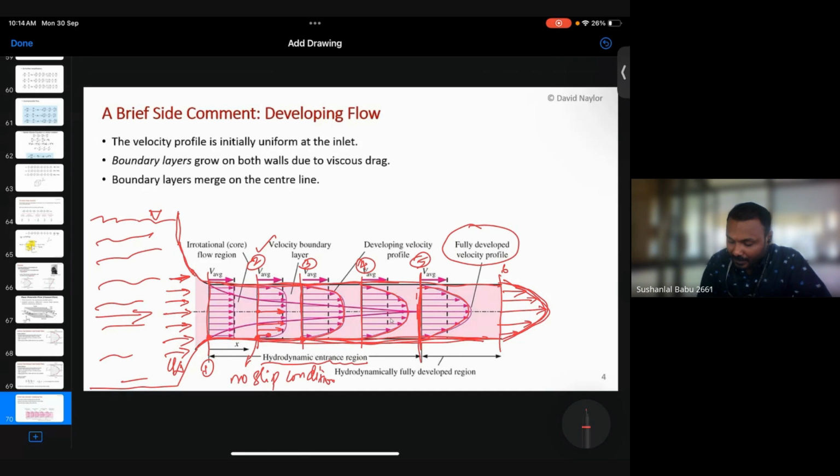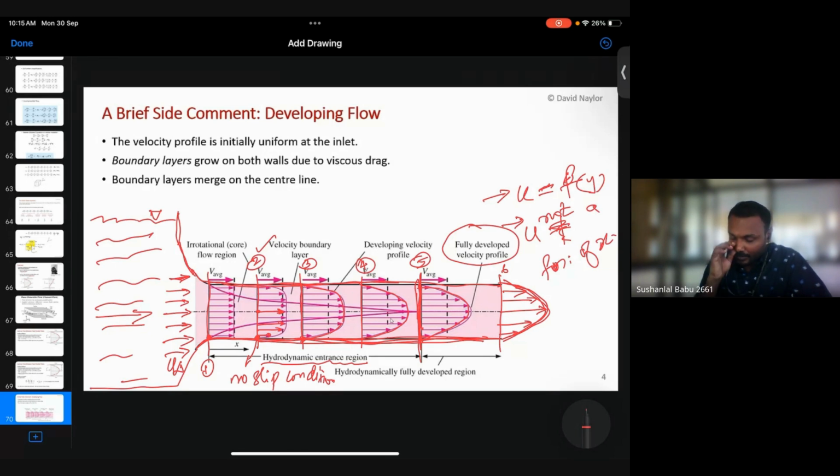And u is a function of y only, not a function of x. That is the thing you have to keep in mind. u is a function of y only after the developed region, because as y changes in the vertical direction, u is changing.